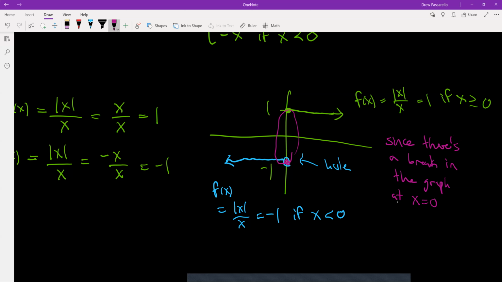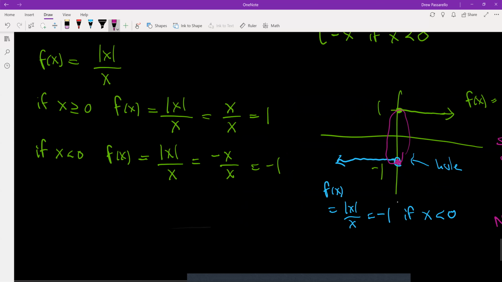If I enclose that hole, that doesn't do anything different because I still have this break in the graph. It's still discontinuous at 0. And that's going to make this a non-removable discontinuity, because I'd have to physically shift the graph of the function for one of the pieces up or shift one of the pieces down. So this is a non-removable discontinuity.